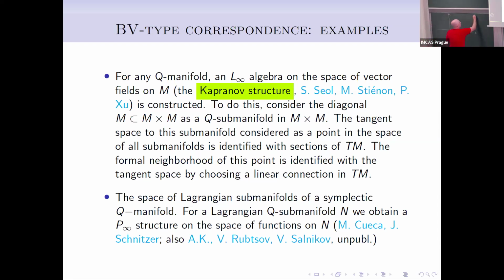Okay. So suppose we have a Q manifold, so it's a manifold with some Q structure. Let's take two copies of M, and let's take the diagonal inside M cross M. Let's take Q as the sum of two copies of Q, which are coming from the two copies of M. So it's obvious that the diagonal is a Q submanifold, of course.